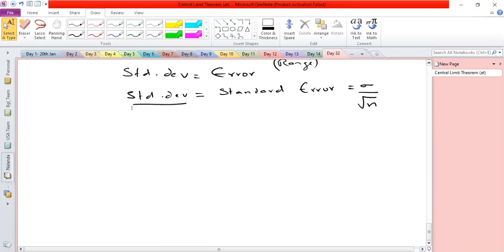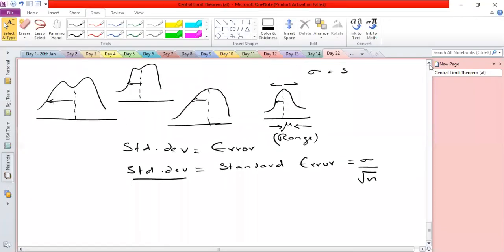But at the same time, let me give you some more information with the above pictures. Here, if the standard deviation is high, this height is shorter.